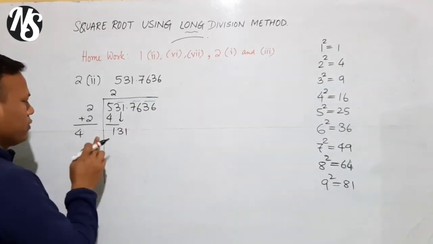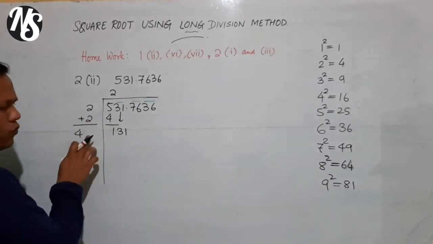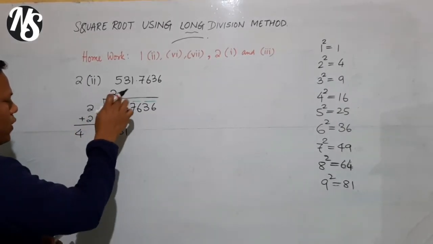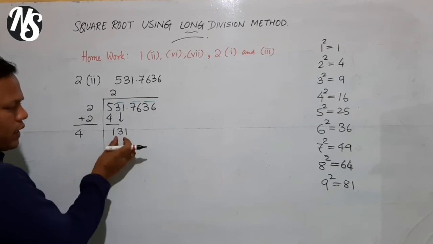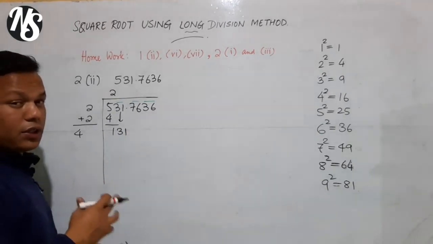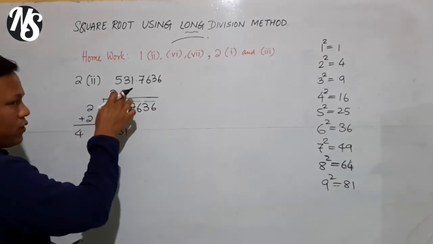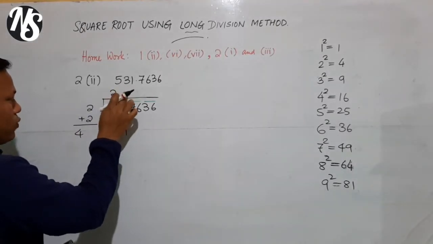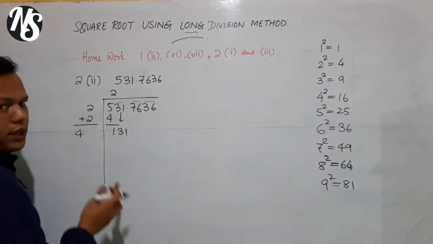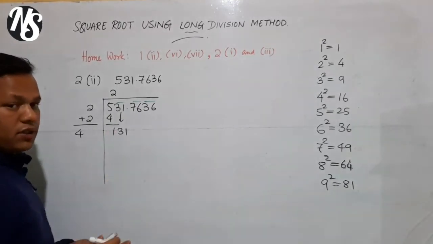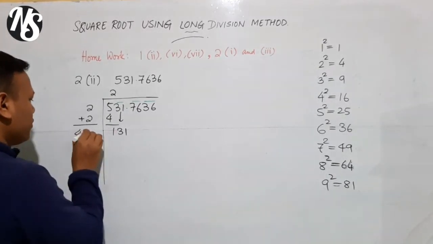Okay, so try some numbers. If you write 1, you need to write 1, so 1 into 41 becomes 41, and 131 is quite a large number. If you write 2, here you need to write 2, so you have to multiply 2 and 42, which is 84. Again 131 is quite big, so let's write 3 then.